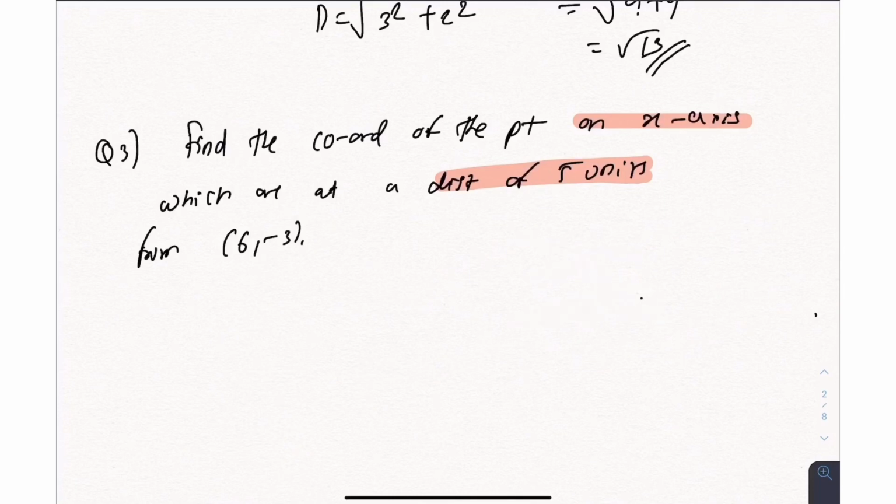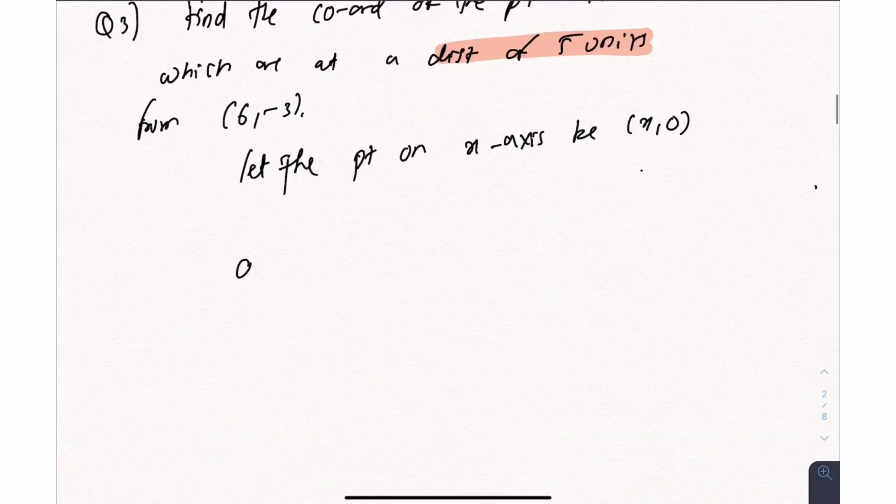Okay. So now we know that there's a point on x-axis. So we are going to consider that point. Let the point on x-axis be x comma 0, and we know that x comma 0 and 6 comma minus 3 are at a distance of 5 units.